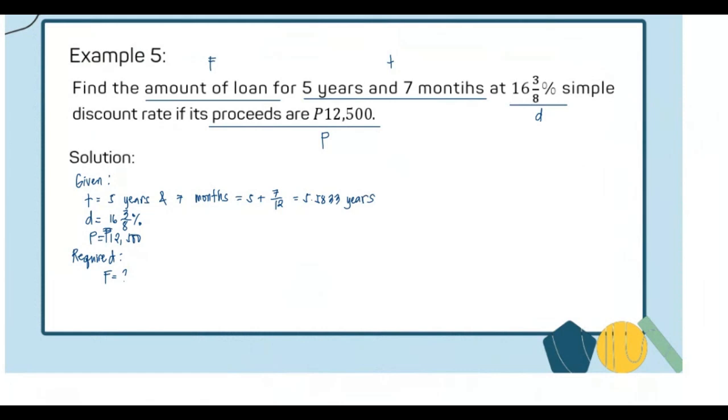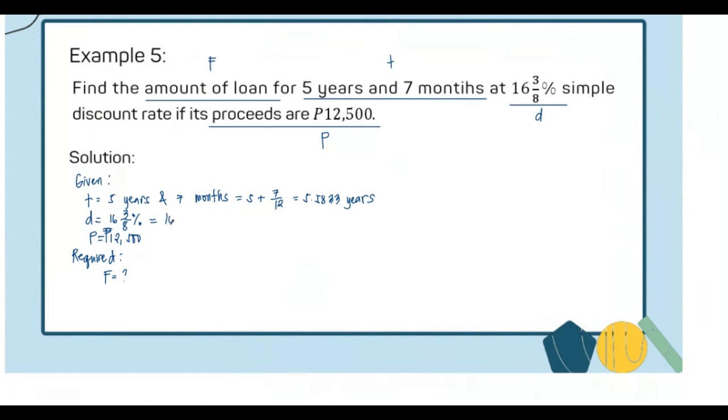And then also, for the discount rate, hindi tayo pwedeng mag-use ng nakaganito na naka-mixed number pa siya. We have to come up with either yung improper fraction niya na value, or yung naka-decimal form na value niya. So, let's go about yung naka-decimal form, so that it would be calculated easily.